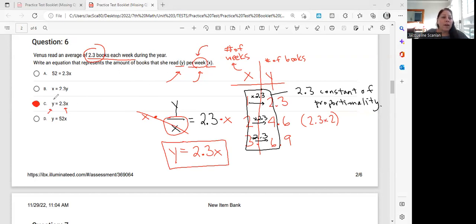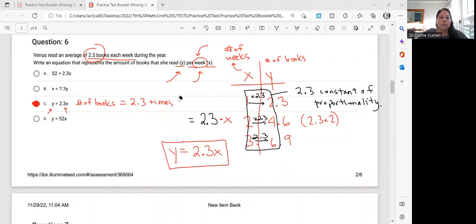So it says that Y, or the number of books, is equal to 2.3 times, because it's squished right next to it, times whatever your X value is, which is the number of weeks.